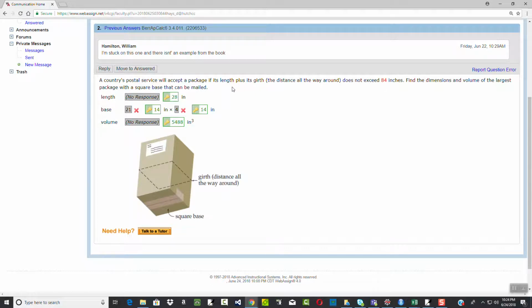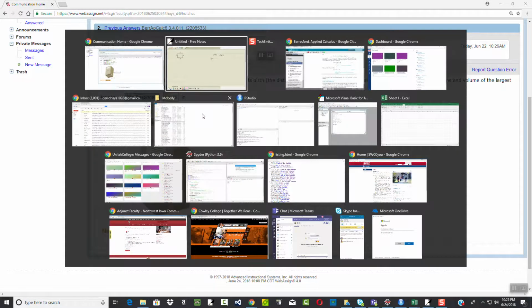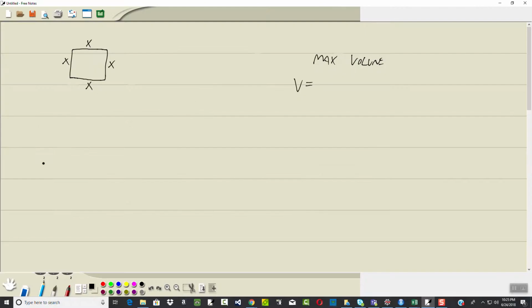The postal service will accept a package with length plus its girth. Okay, there it is. Length. Let me try to draw this. I'm having trouble visualizing it. Okay, so length would be this, and it's coming together now.